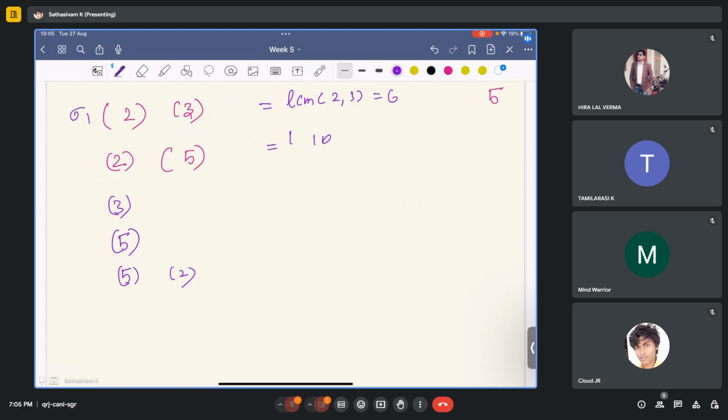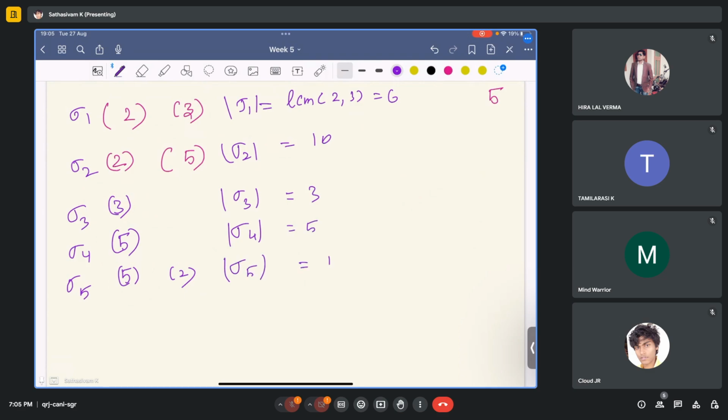Let me call these sigma 1, sigma 2, sigma 3, sigma 4, sigma 5. Computing the LCM, this is equal to 10, this is 3, and this is again 10.